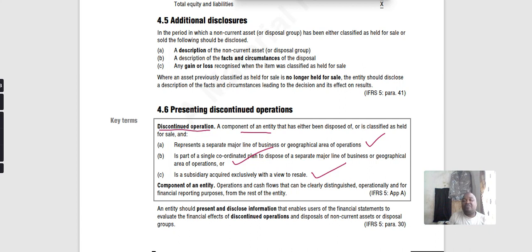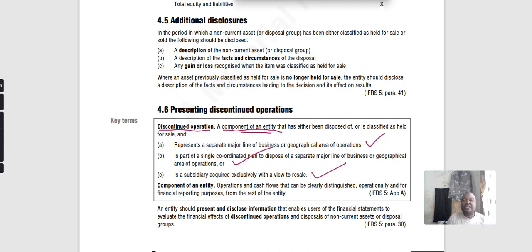What about a component of an entity? These are operations and cash flows that can be clearly distinguished operationally and for financial reporting purposes from the rest of the entity. In our definition we say that a discontinued operation is a component of an entity that has either been disposed of or is classified as held for sale, so there was a need for us to define the component of an entity.